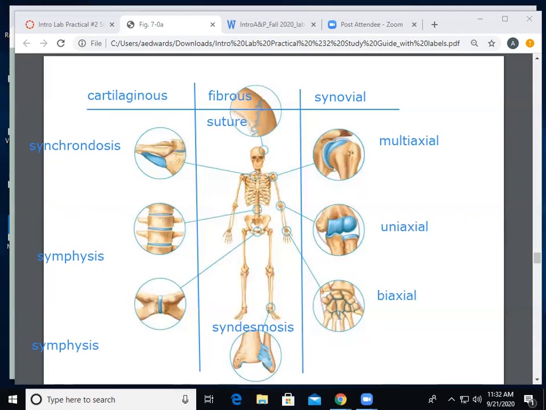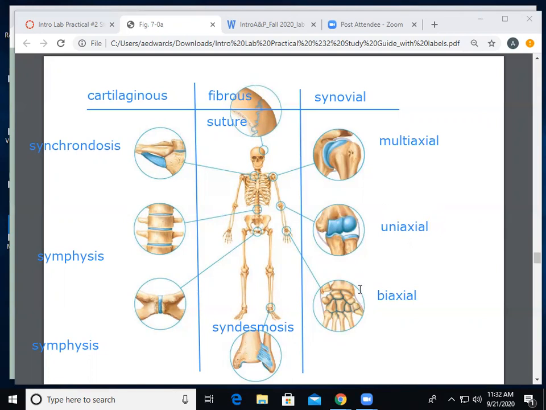All right. So some terms that definitely want you to know. Okay. That was for the uniaxial? This one right here is uniaxial because it's one plane of motion for the knee or the elbow joint. This one, yeah.